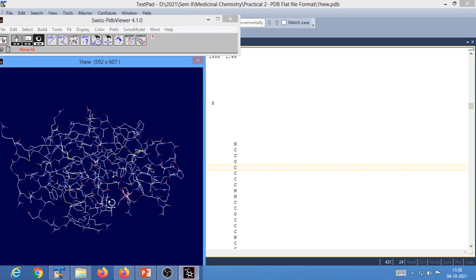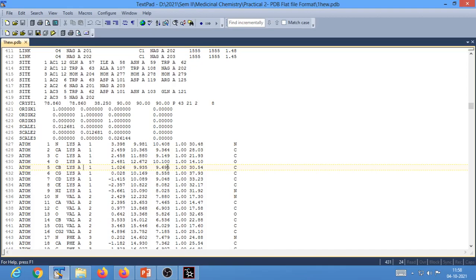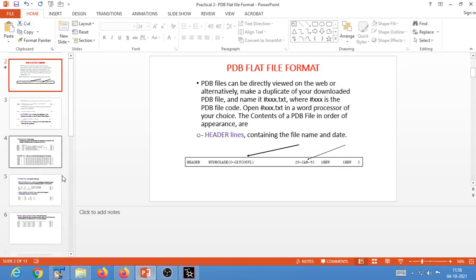Let me first tell you what the coordinate lines present in your PDB file are. What do these lines signify? What does the data in this line signify?